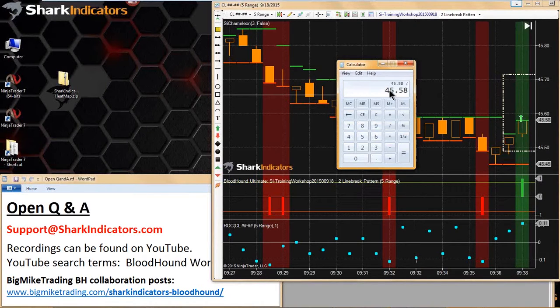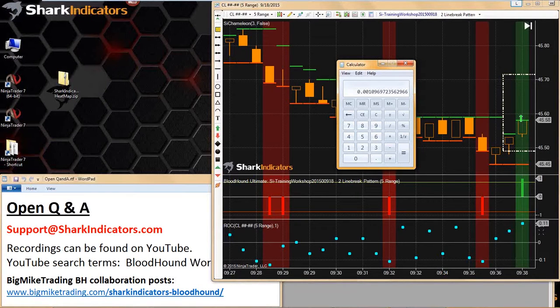So, divided by 5 cents, and oops, sorry, let me reverse that. All right, so this indicator is returning a literal percent. Yeah, a literal percent.